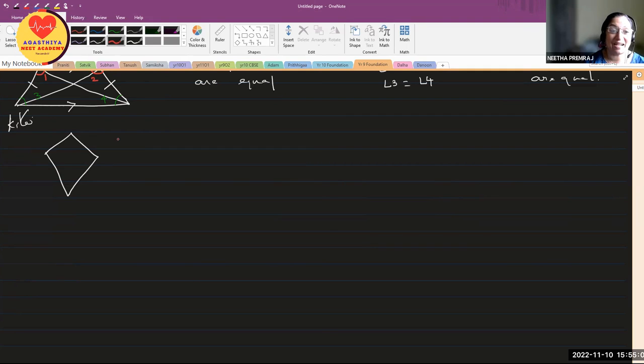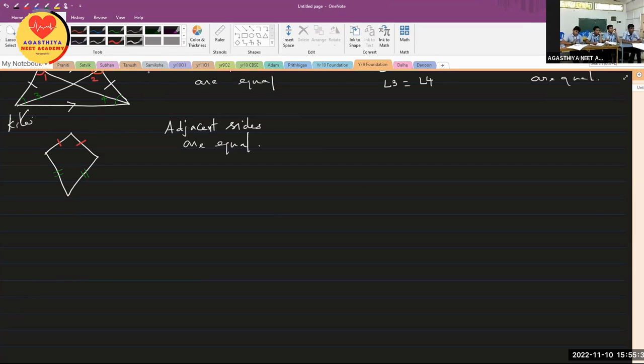No. Adjacent sides are equal. See, these two sides are equal and these two sides are equal. So you must say adjacent sides are equal.